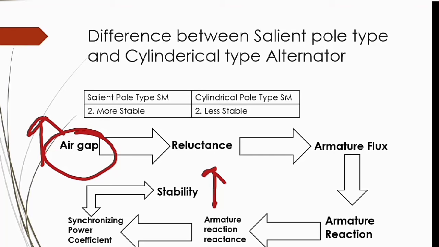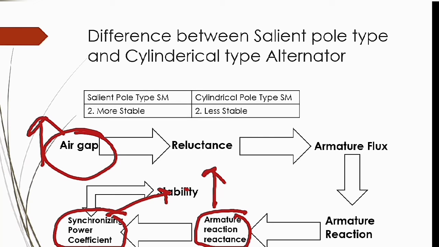In my very first video I will clear all these things, why synchronizing power coefficient depends on stability. When you search out my very first video, the size of alternator, we will discuss over there why the size of alternator is larger as compared to induction and DC for the same power rating. There we will discuss in depth why the synchronizing power coefficient is directly proportional to stability, why armature reaction is inversely proportional to the synchronizing power coefficient.